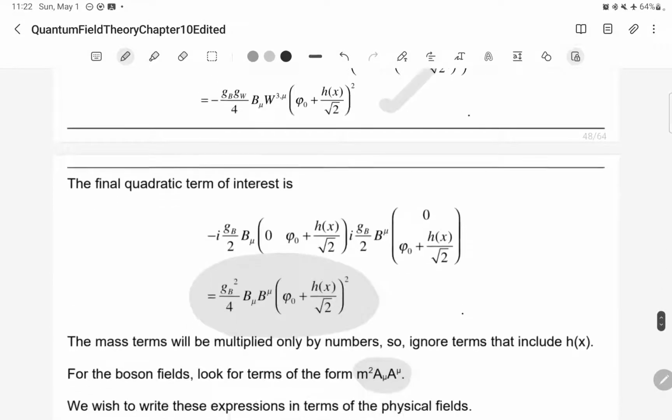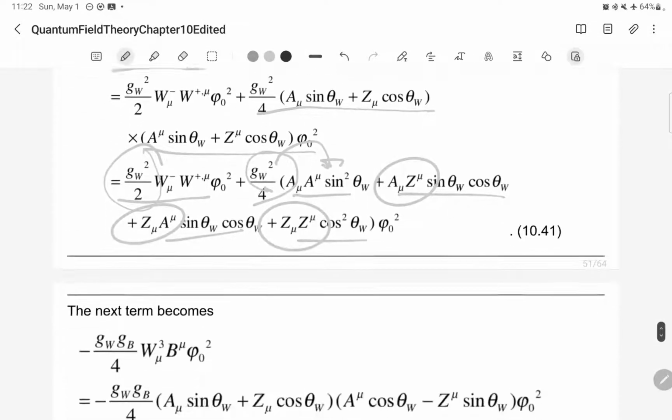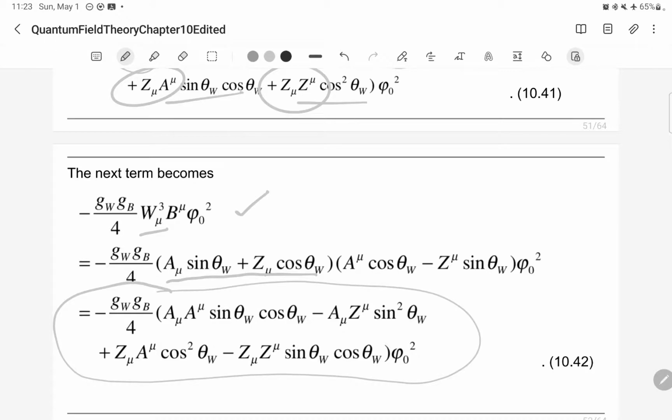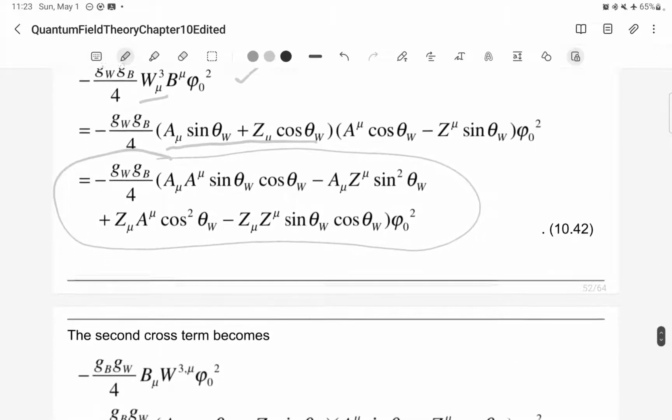This one. So that will be given by this. With the expansion of W mu 3 and V mu, we will have this expansion. So this is just an algebraic result that we can put together later.